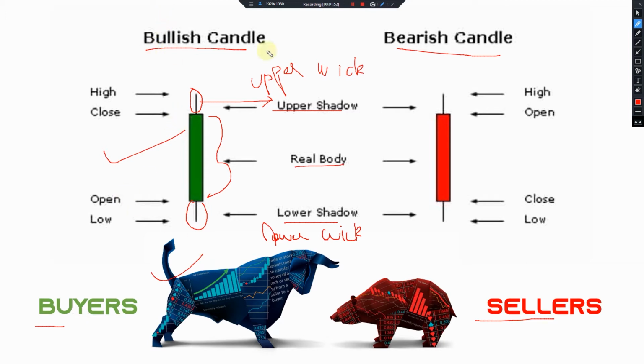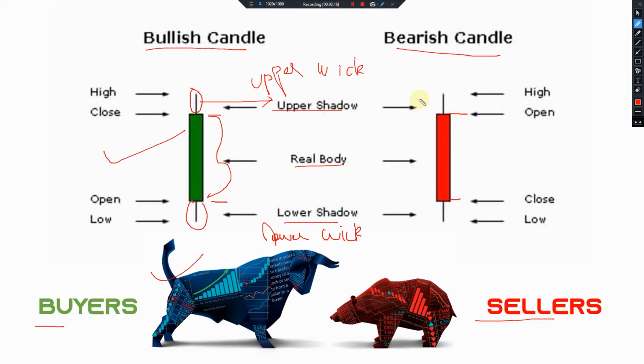And that's why they're called bullish candle. A green candle is called a bullish candle because price from lesser rate went to a higher rate. But a bearish candle also is known for the seller's candle, or candle which describes as sellers. So they decrease the price from high price to lower price.